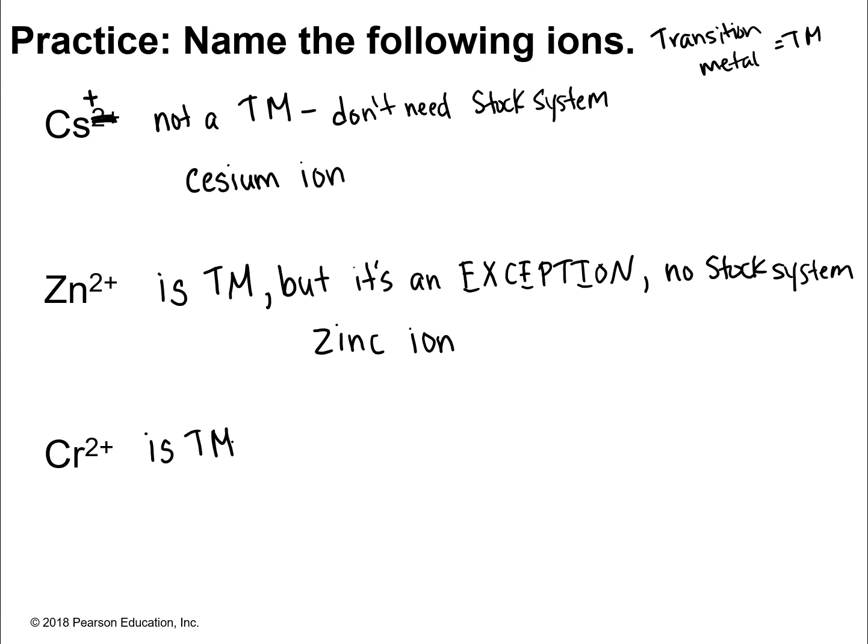So chromium, Cr, that is a transition metal. It's not one of our exceptions, so we have to use the stock system. It is the chromium 2 ion.